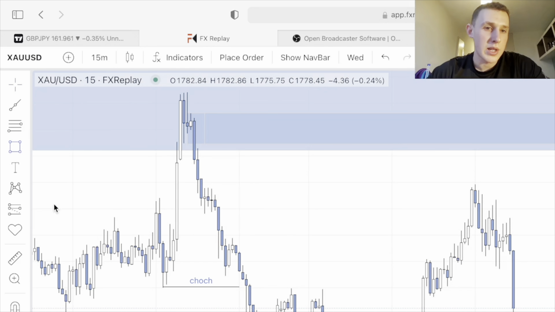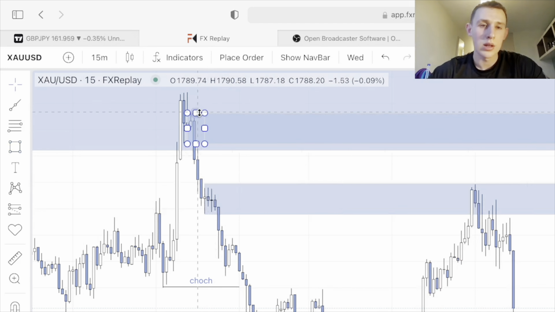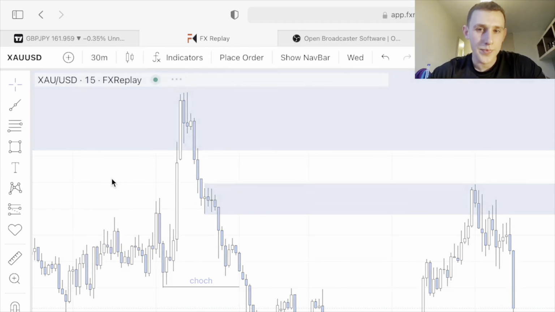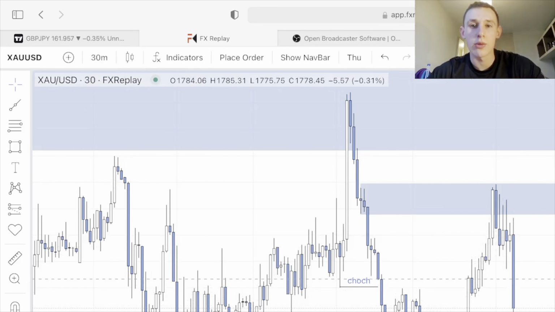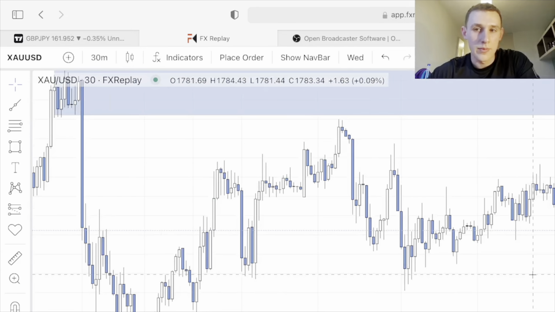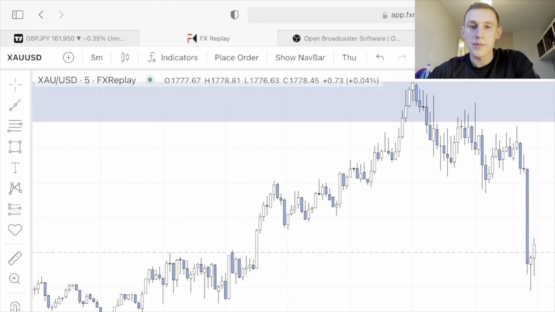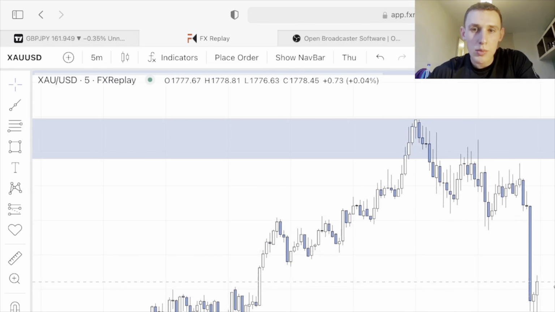Right, so price reacted from this level instead. And as you see, we did also break structure from that level. So if we refine it to the 5 minute, multiple breaks of structure.